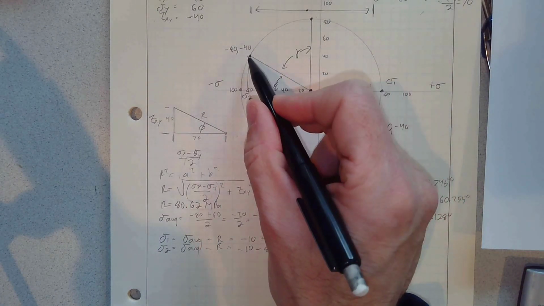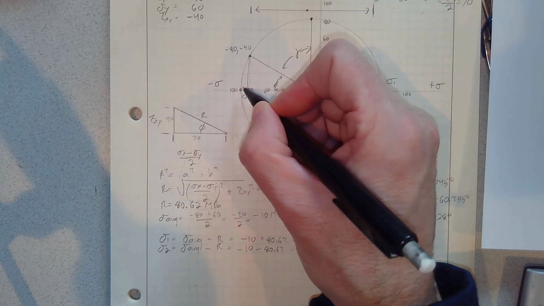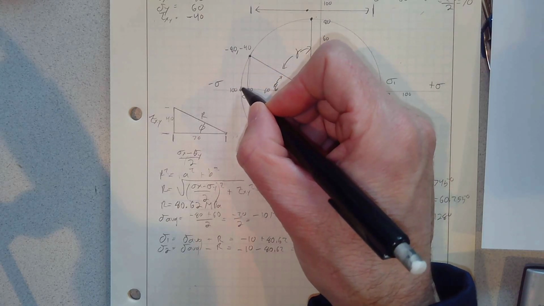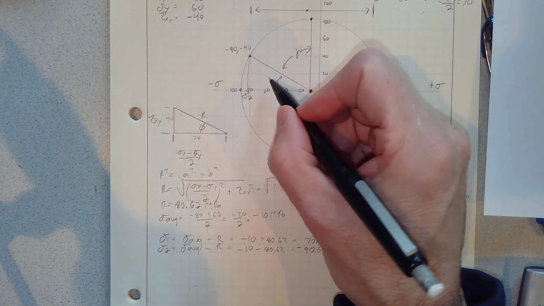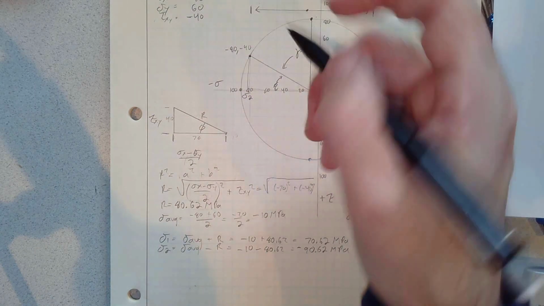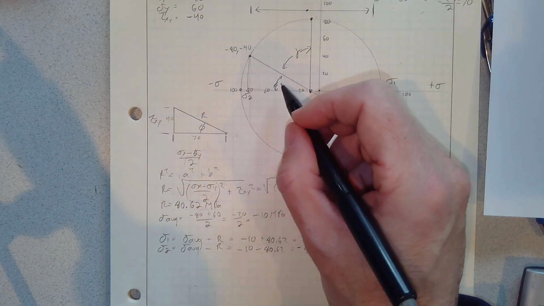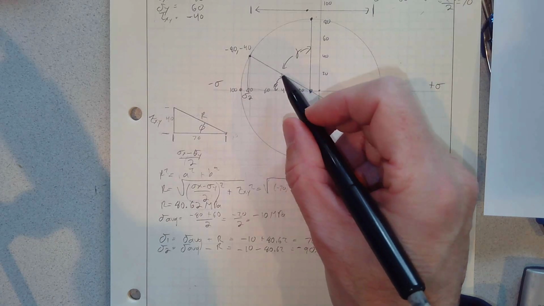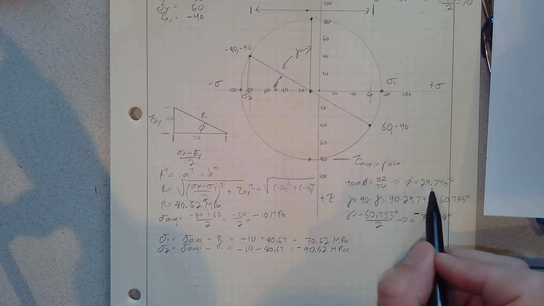Looking back at our triangle here, we can see that to get down to our sigma 2 principal stress, we would be rotating, following right-hand rule, that's a positive rotation, and it would be equal to our phi on Mohr's circle, or it'll be phi divided by 2 in the real world. So we already solved for phi was equal to 29.745.